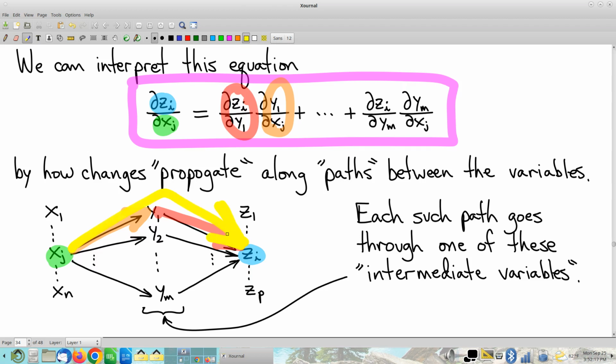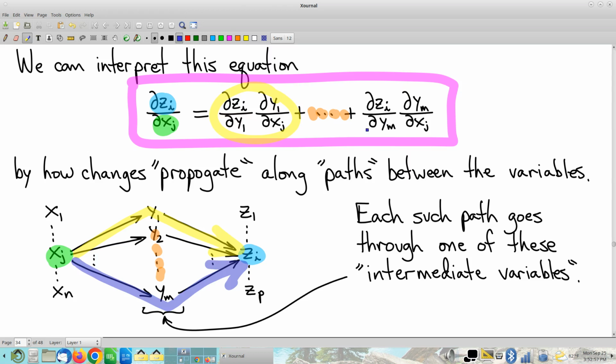and therefore altogether this path, you might say, the path through y1, this is a path along which changes can propagate from xj to zi, and that path corresponds to this term in our coordinate chain. And likewise for the other terms, and so in the same sense that this path corresponds to that term, likewise on down for the rest of them, and then this path corresponds to that term.